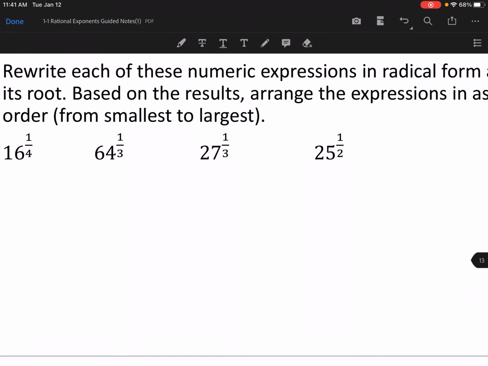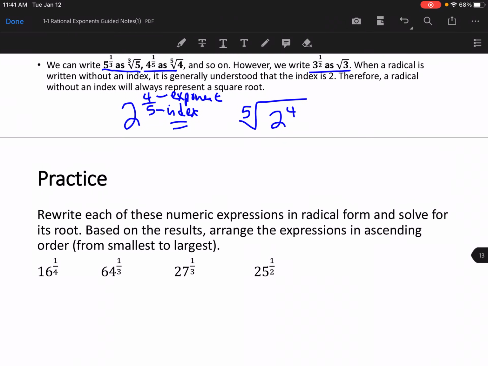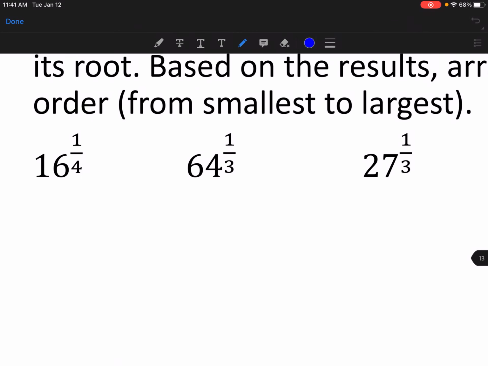So earlier we looked at how we can rewrite it as the nth root of it. So here, if I have 16 to the 1/4, then the top number is my exponent and the bottom number is my index. If you remember that, then you will do just fine.